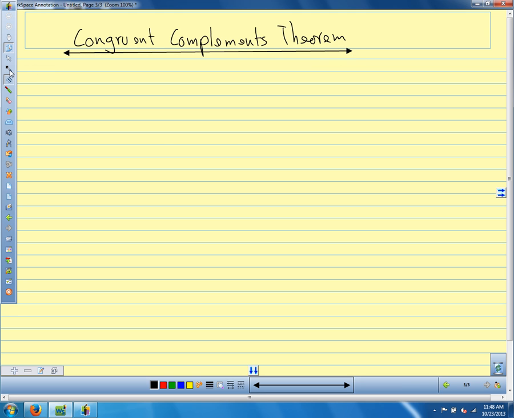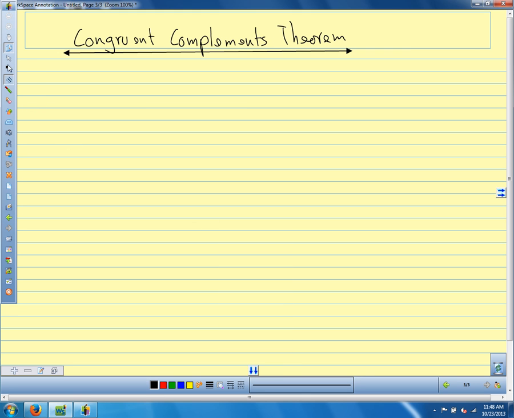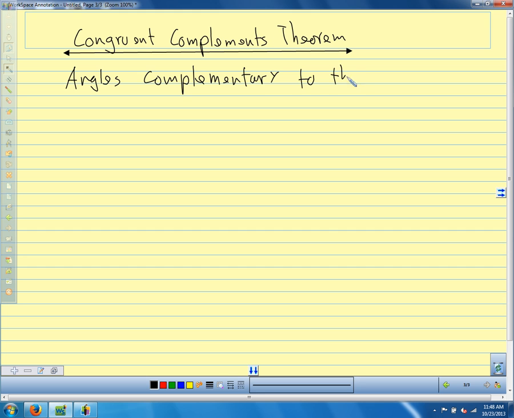So our congruent complements theorem says that angles complementary to the same angle are congruent.